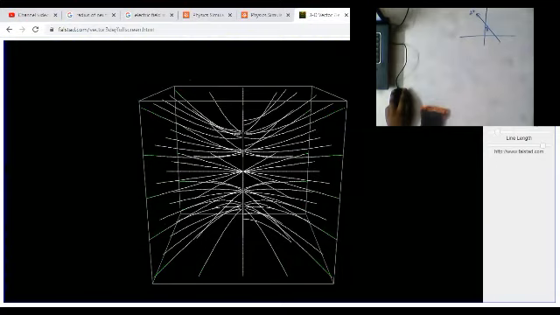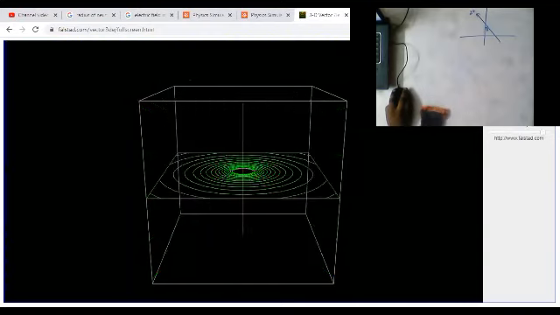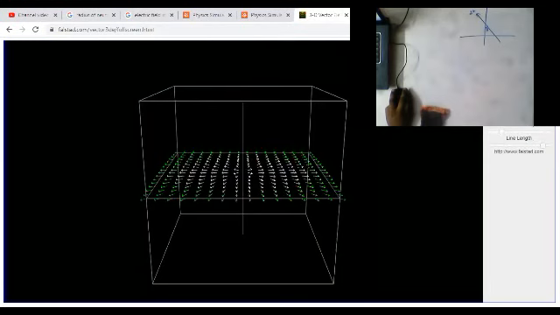Electric field lines, that is the next topic. Equipotentials are also not required right now, where the potential is constant, that is what we are discussing. So field vectors, this is okay. Now the finite line.